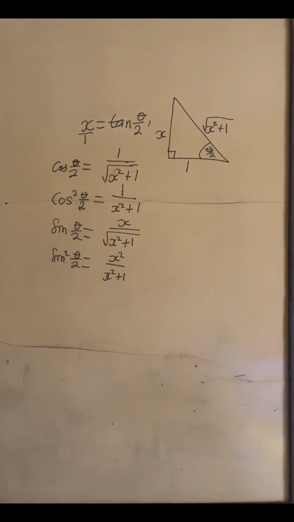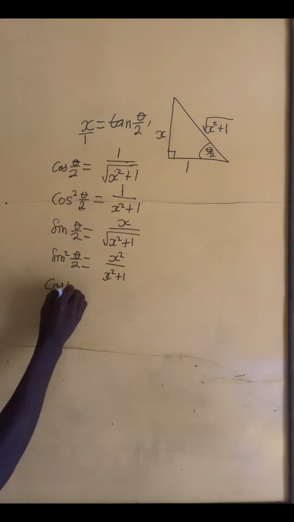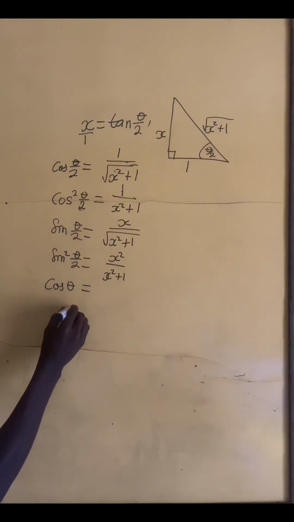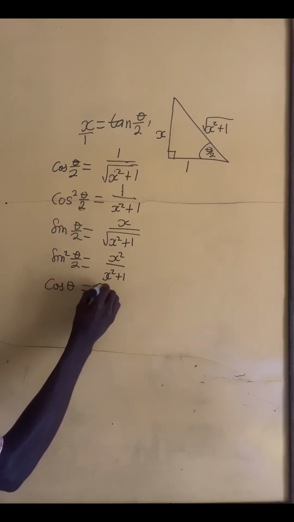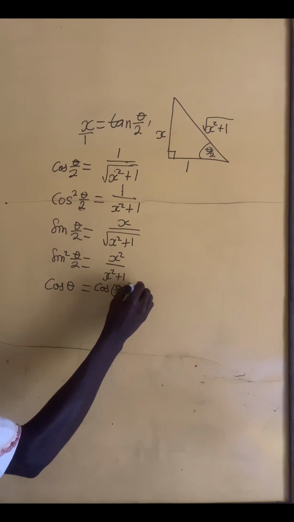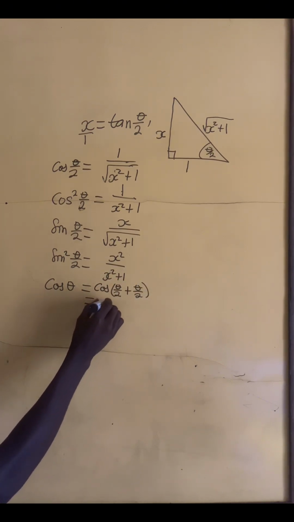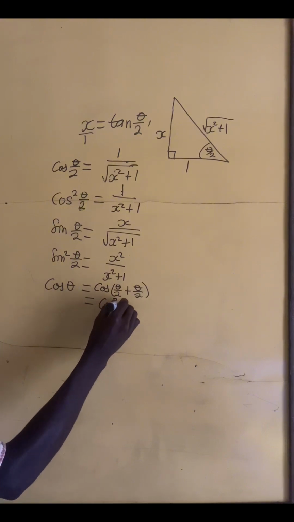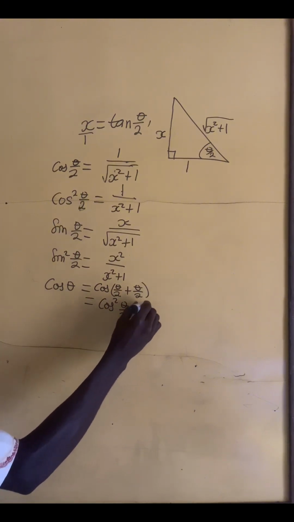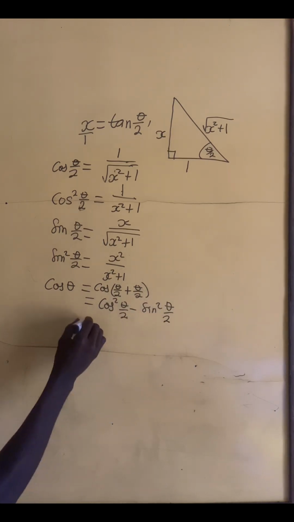Now, let's see this simple identity. Cosine of theta equals cosine of theta on 2 plus theta on 2. Now, this expands to give cosine squared of theta on 2 minus sine squared of theta on 2.